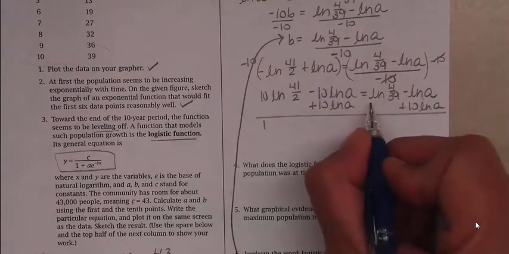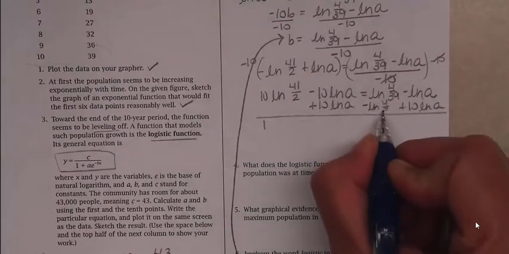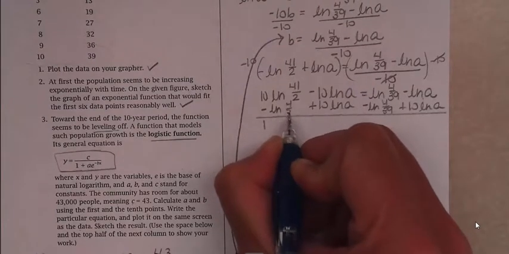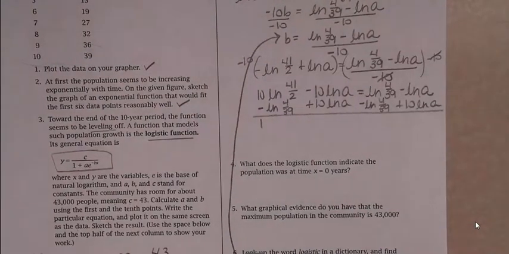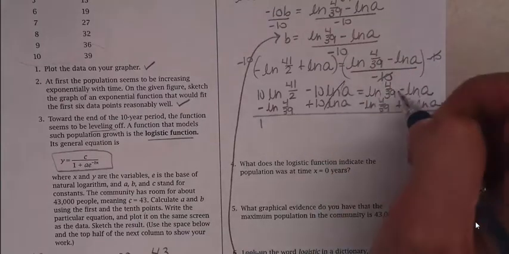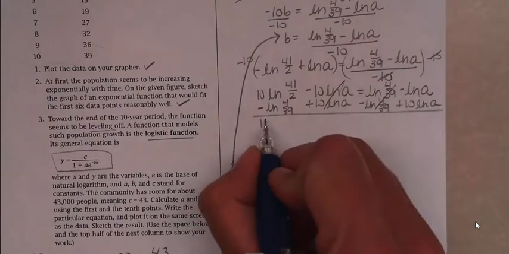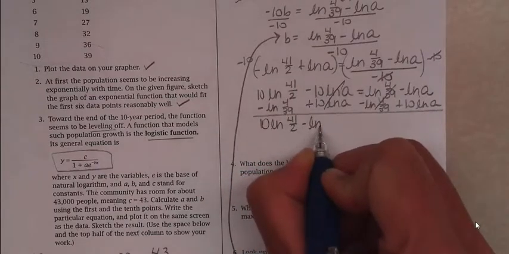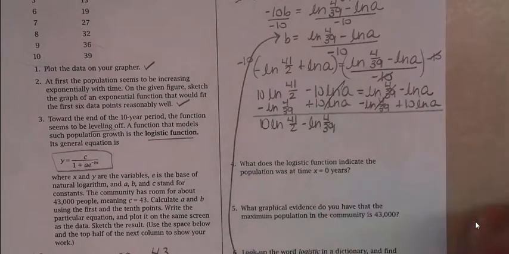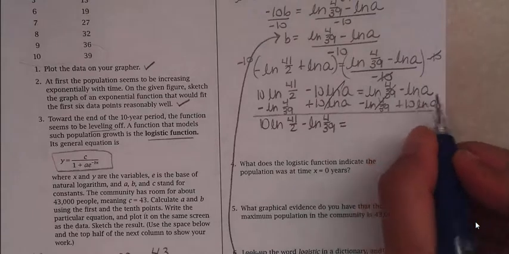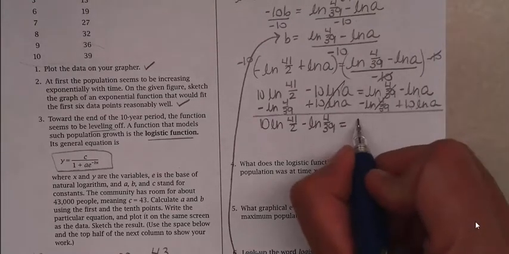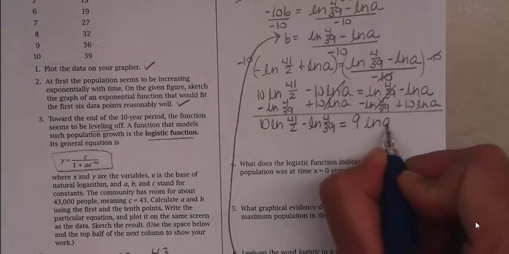And then I'll subtract the ln of 4/39 from both sides. Trying to save some room here. So I'm left with 10 ln of 41 halves minus ln of 4/39 equals 10 ln of a minus 1 ln of a, which gives you 9 ln of a, just combining like terms there.